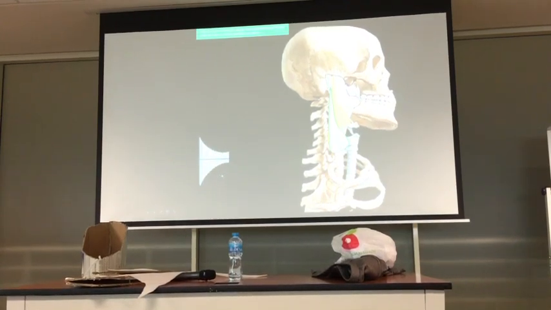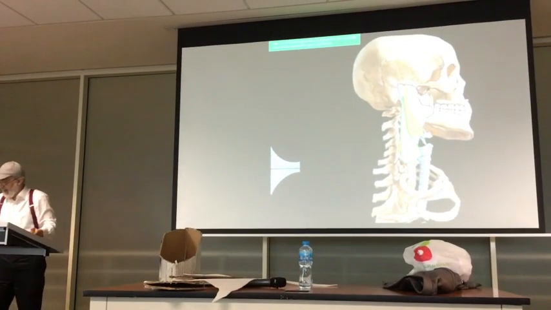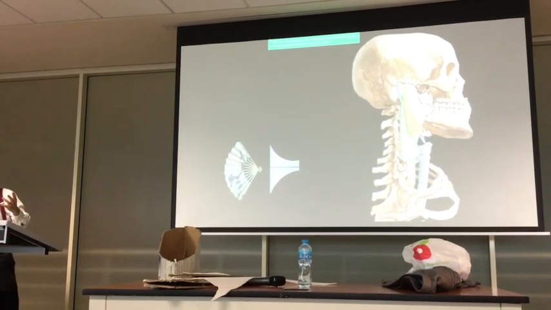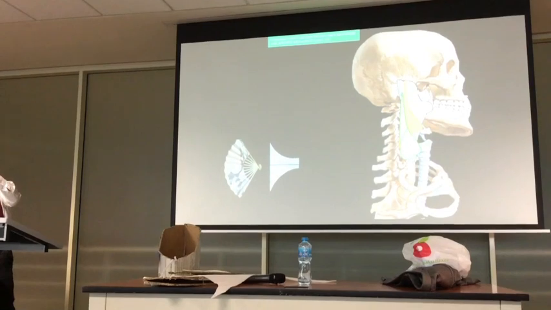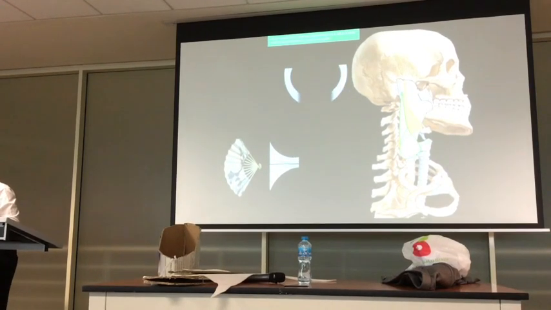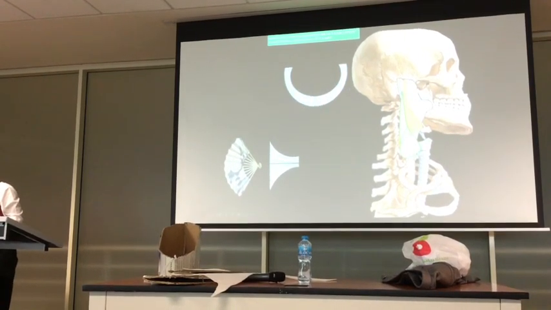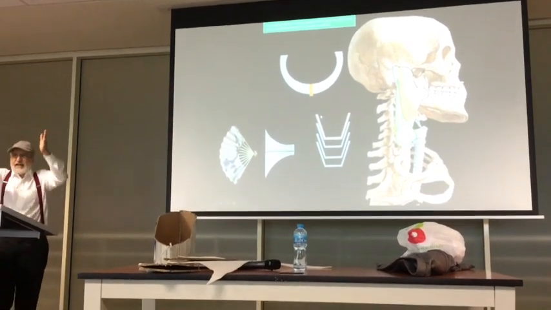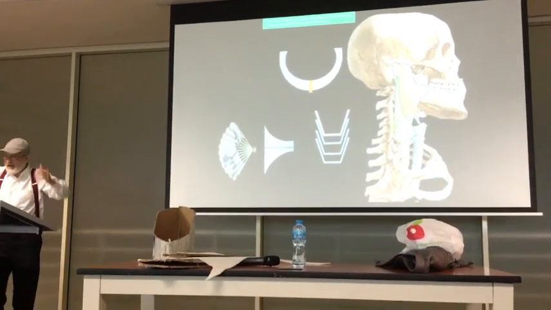These muscles are arching from both sides, one arch from one side, one arch from the other, and they meet together like a Japanese fan at what we call the pharyngeal raphe, in the middle.